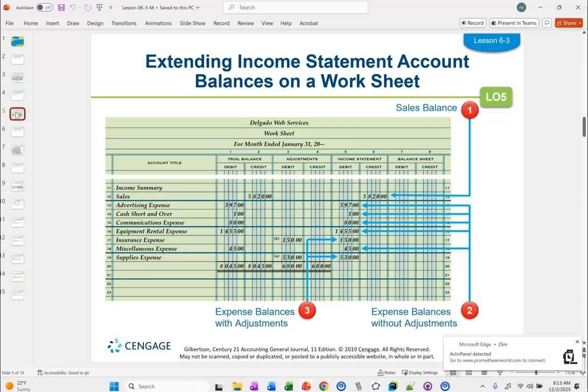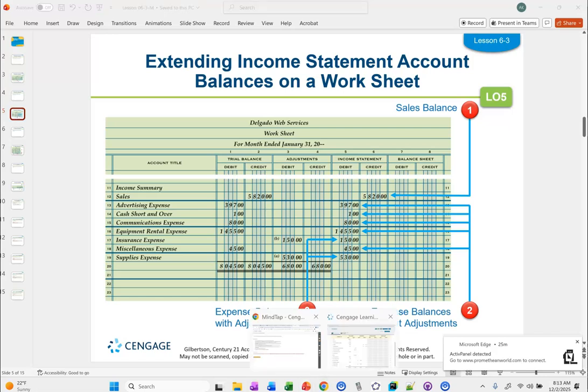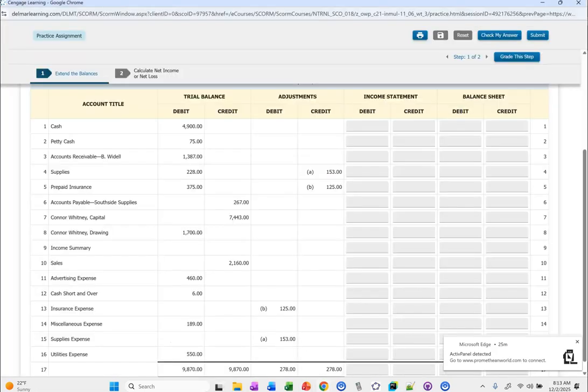Everybody feel good? So let's go back. So sales, there's that guy. And expenses.